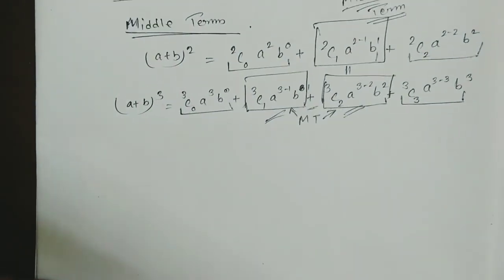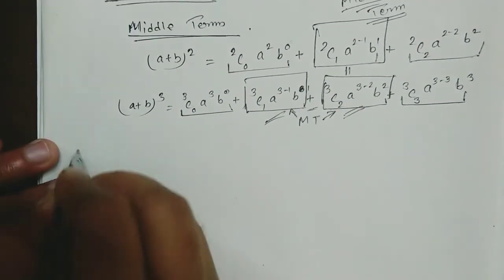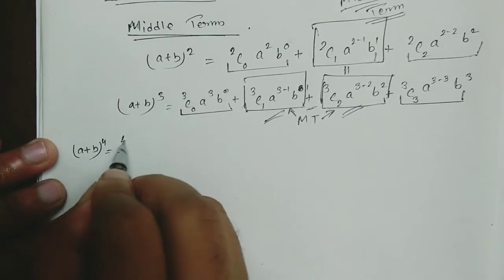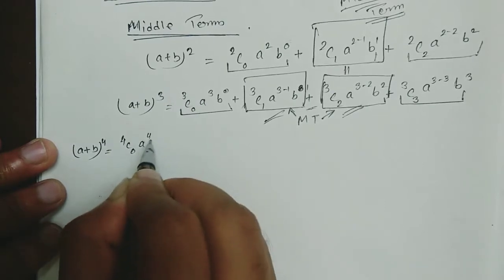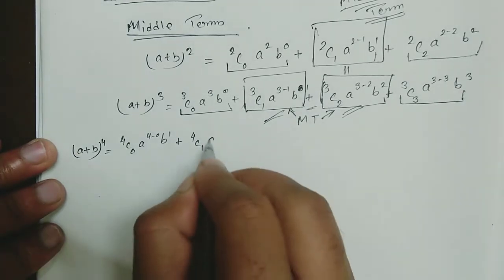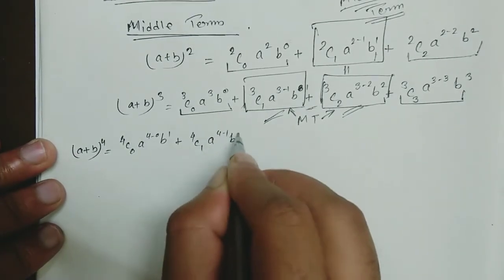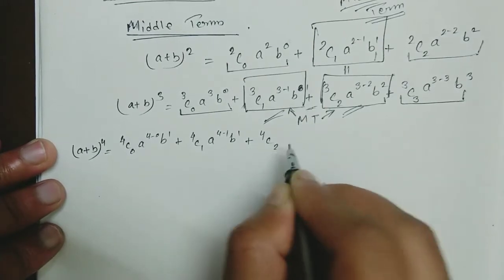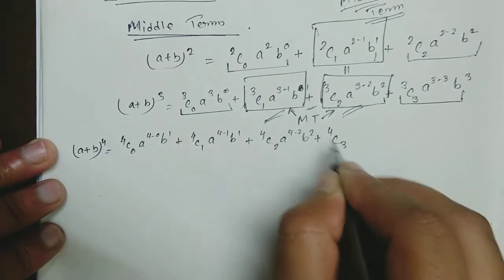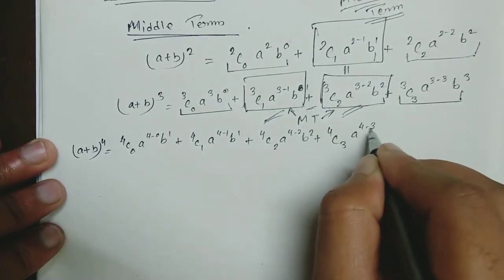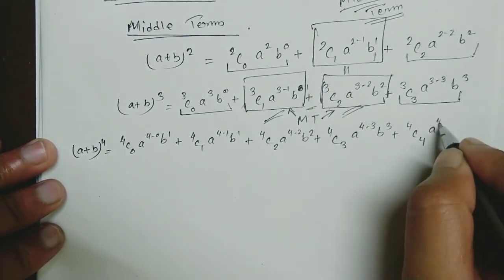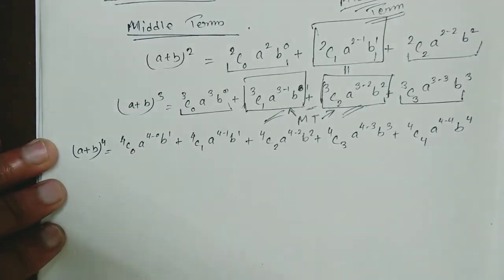So let's do it for (a plus b) to the power 4, and let's try to expand it. 4c0 a to the power 4 minus 0 b0 plus 4c1 a to the power 4 minus 1 b1 plus 4c2 a to the power 4 minus 2 b square plus 4c3 a to the power 4 minus 3 b cube plus 4c4 a to the power 4 minus 4 b to the power 4.